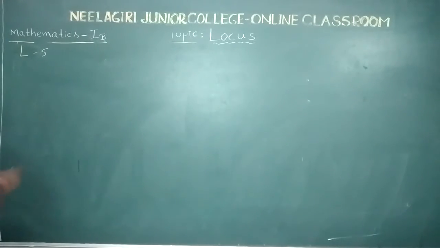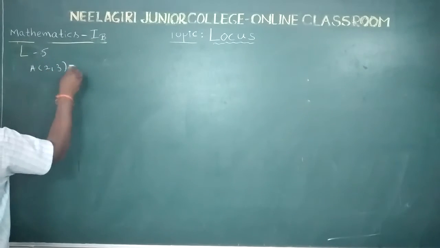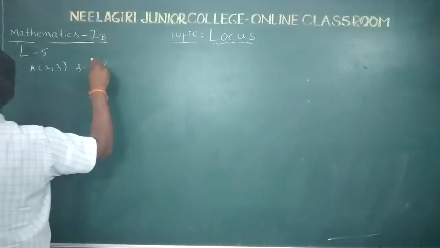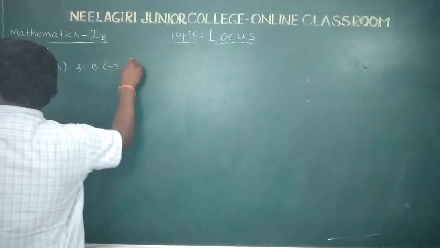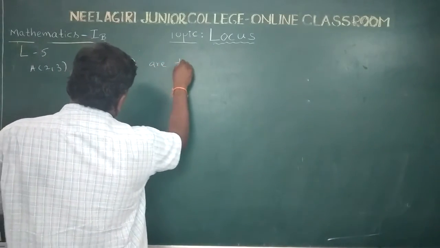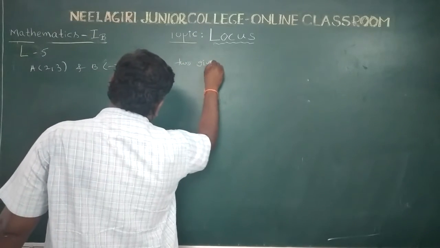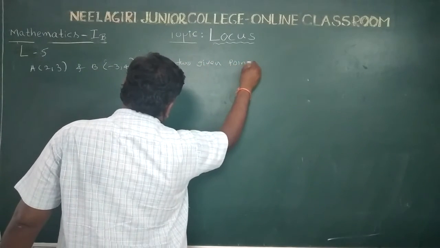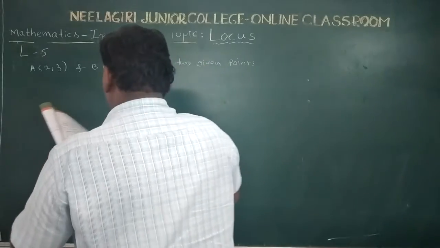Next problem: A(2, 3) and B(-3, 4) are two given points.